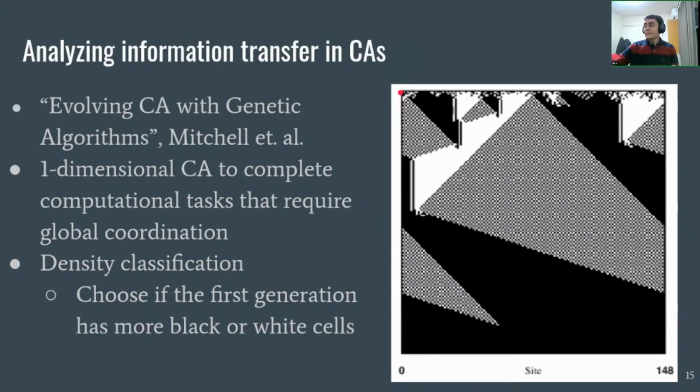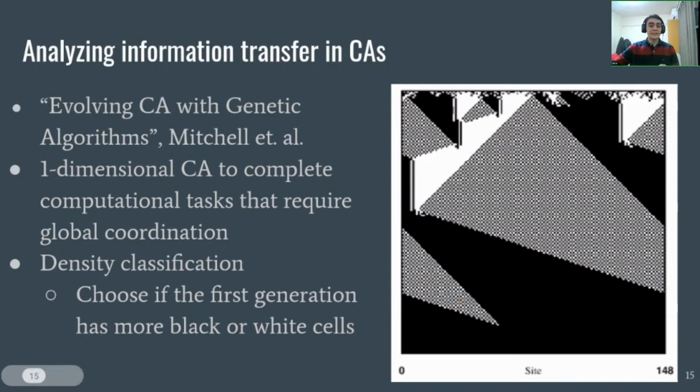That is, if the first generation has more black cells than white, when 148 generations have passed, and as you remember as I showed, time passes as we go down, all the cells should be black. And you can see how it processes information and how it evolves until everything is black.